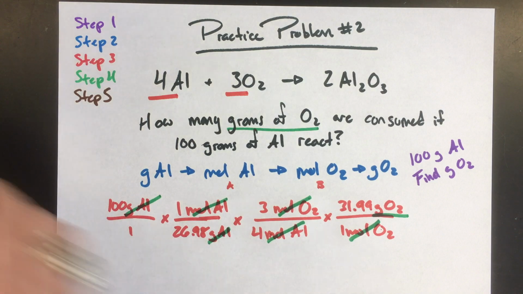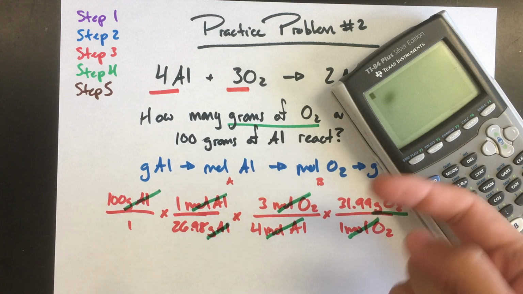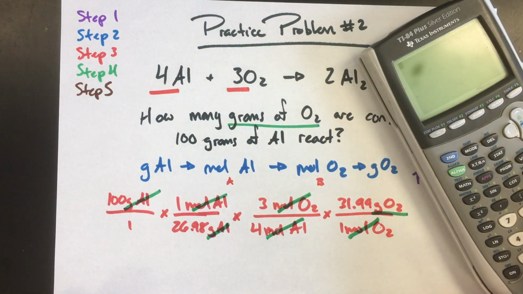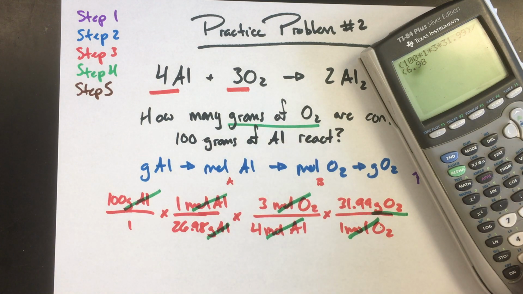So now all we have to do is calculate it. So again, we're multiplying the top and then dividing by the multiplication of the bottom. So I'm going to use my parentheses and go 100 times 1 times 3 times 31.99 divided by 26.98. Now let me put the parentheses there. 1 times 26.98 times 4 times 1 equals.